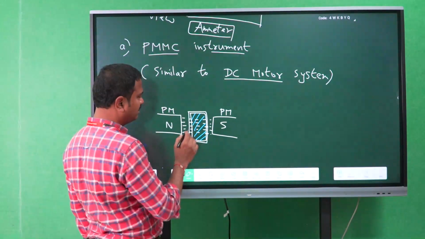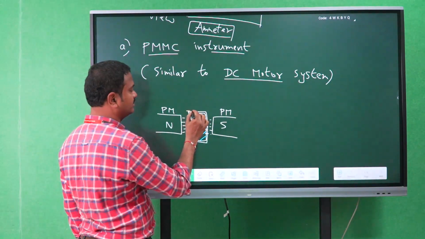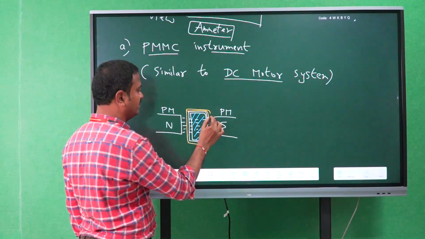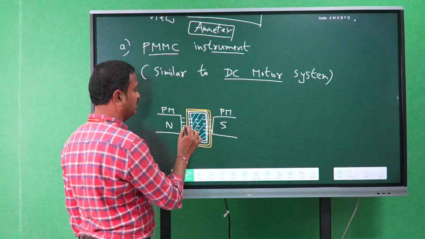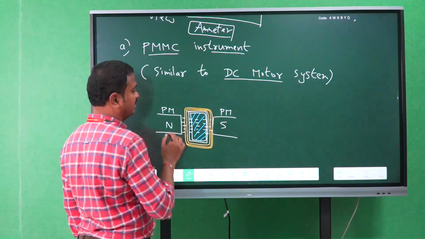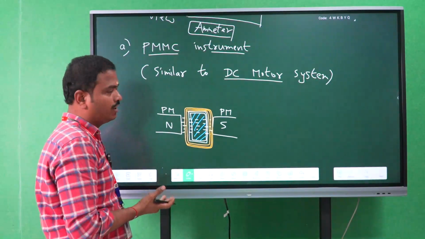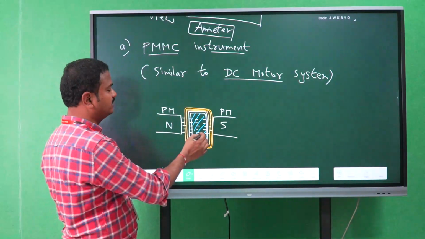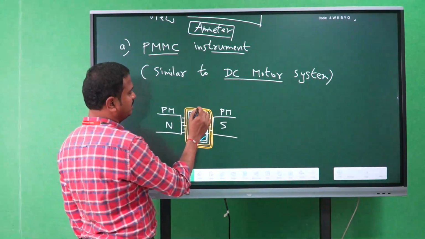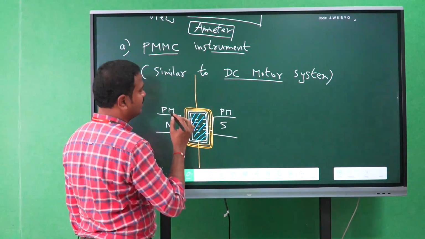Now the coil will be wound on the aluminum former. The moving coil is a copper coil, the material is copper. So the copper coil is wound on the aluminum former. This aluminum former is directly connected to a spindle.